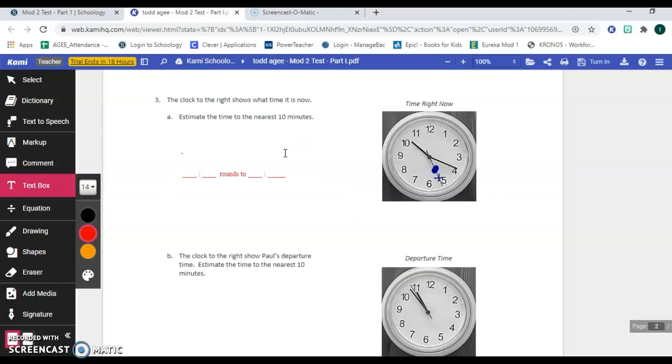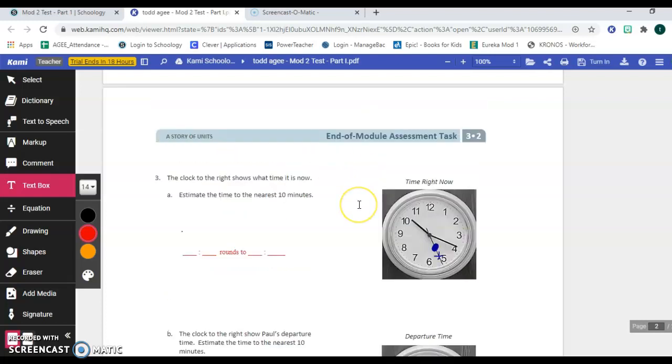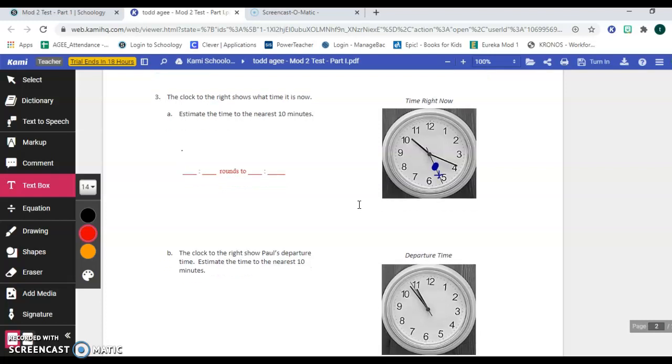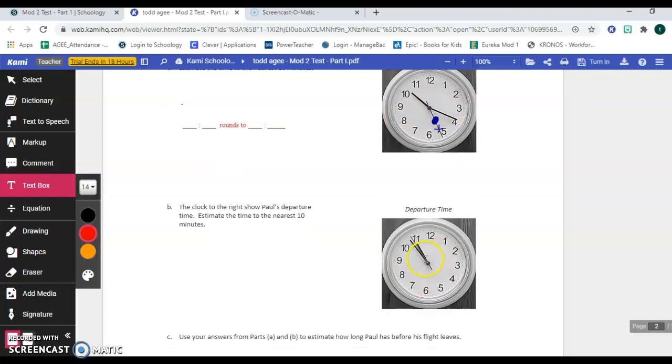It doesn't really give you the whole situation very well, but in this case it's saying, okay, this is what time it is right now for Paul, and this is what time Paul's plane leaves. That's what departure time means.